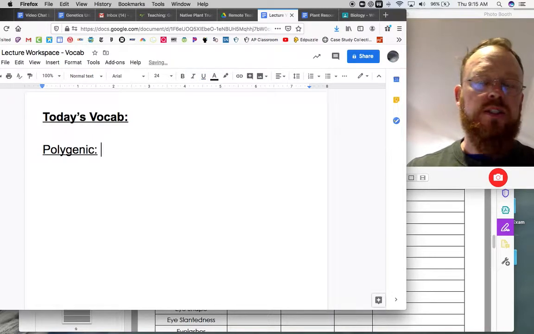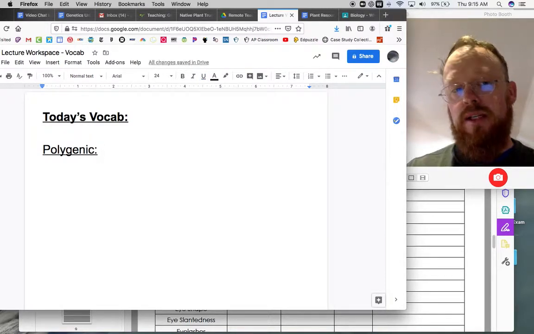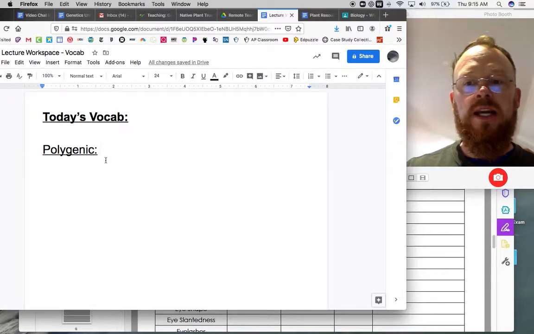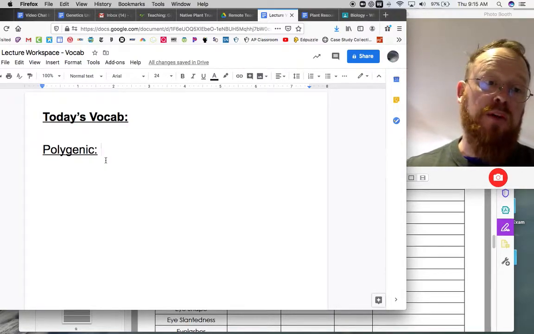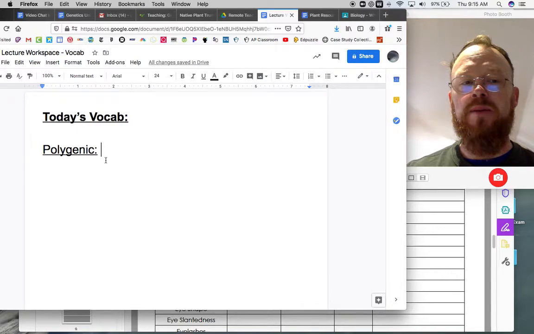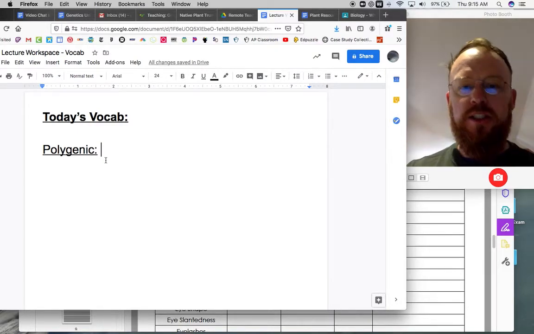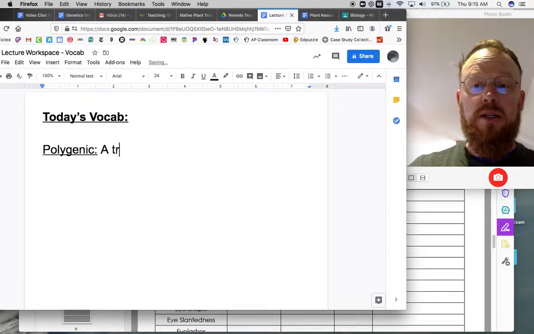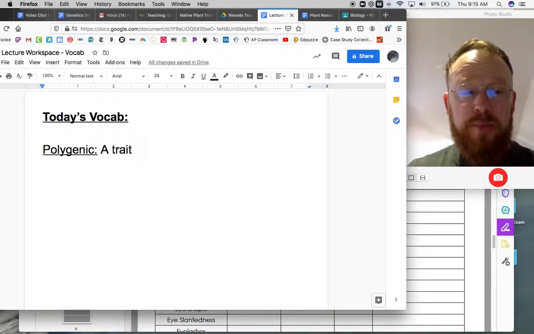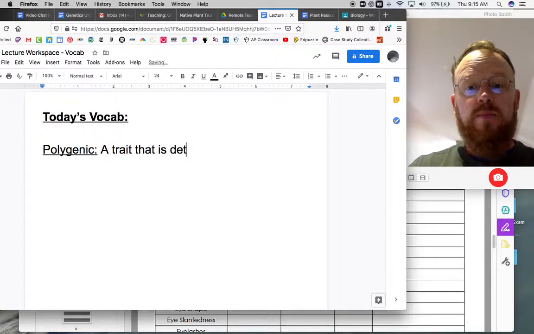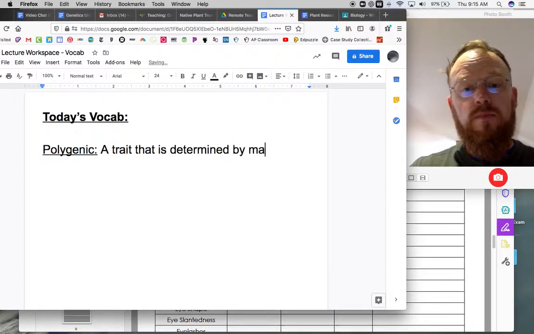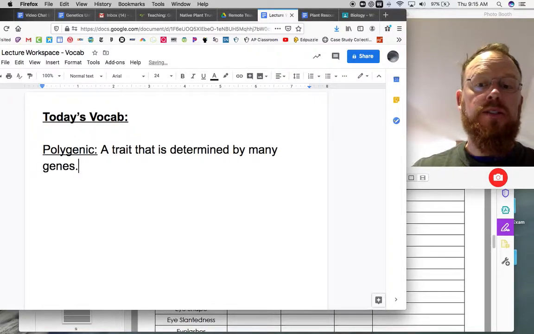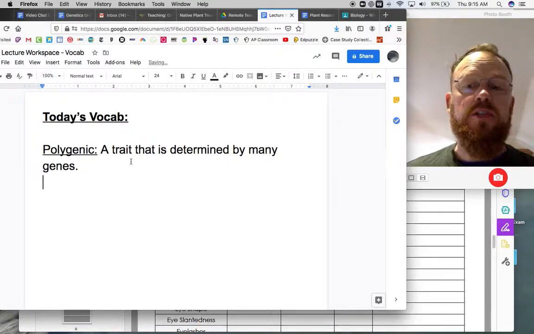This is another one of those science words you can take apart to understand. The two parts are poly and genic. Poly means many. Genic means relating to genes. So polygenic refers to a trait that is determined by many genes.